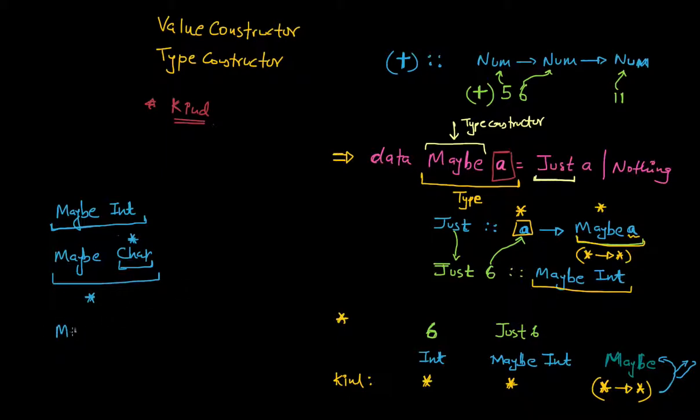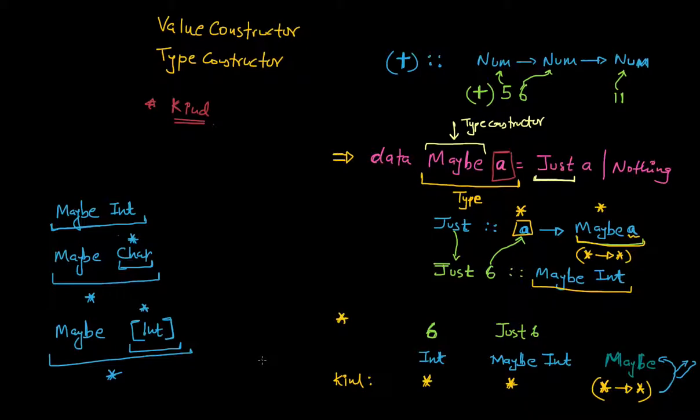Likewise, I can do maybe on a list of integers. What does this mean? All it means is that this maybe type constructor takes in something that is a concrete type, and out comes back another concrete type.